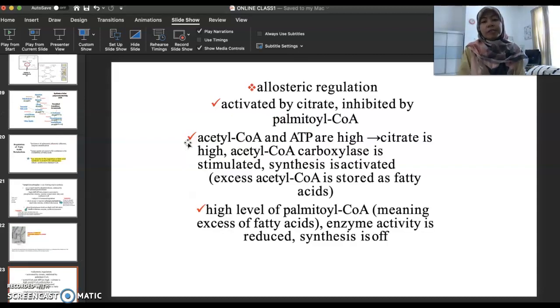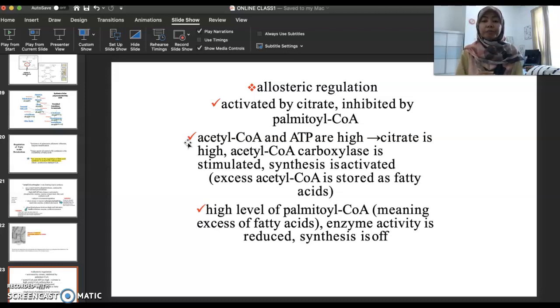Okay, dan seterusnya banyak lagi allosteric regulation juga terlibat dalam topik metabolism. So jika kamu lihat balik fatty acid synthesis, kita dah belajar 3 stage tadi. Saya ulang lagi sekali. The first one, kamu melibatkan transportation of acetyl-CoA dari mitochondria to cytosol. Bagaimana acetyl-CoA diangkut dalam bentuk citrate ke dalam cytosol.